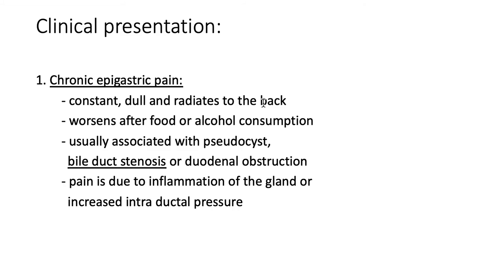So these obstructions would also lead to activation of the inflammation process, okay? So it worsens after food or alcohol consumption. And why is that? Because when we eat food, we are stimulating the gut to produce more enzymes, okay? And alcohol is a direct toxin. And usually it's associated with pseudocysts, okay?